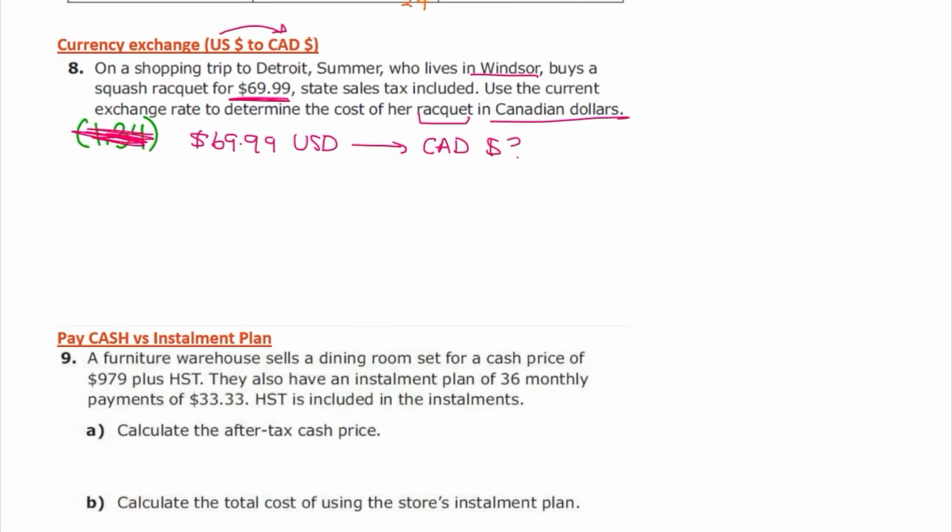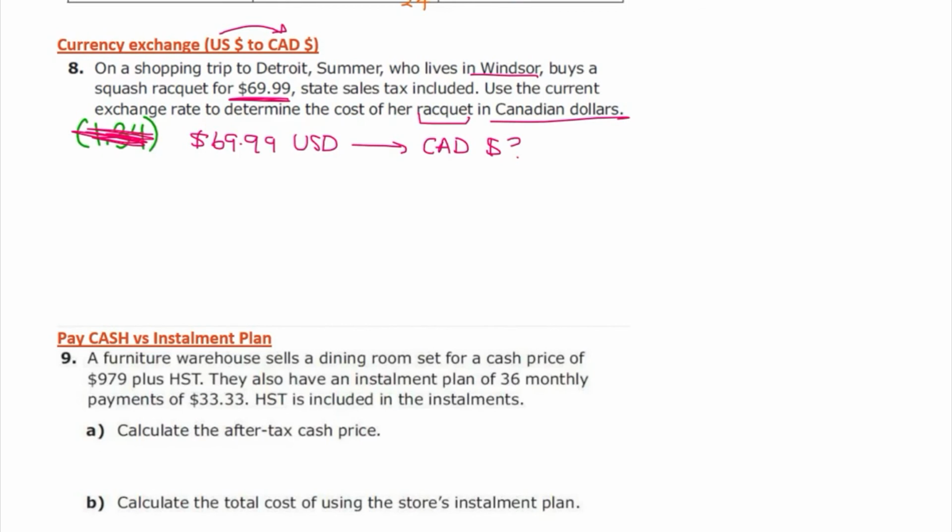We know that if you go on Google every single day, you'll find that the equivalent from one US dollar to Canadian dollar changes. But in general, over the past couple of years, the Canadian dollar is not as great as the US dollar. So the value of the US dollar is greater than the value of the Canadian dollar.